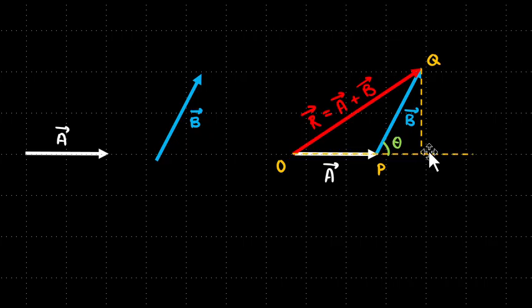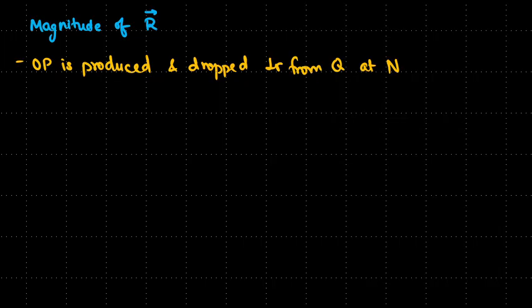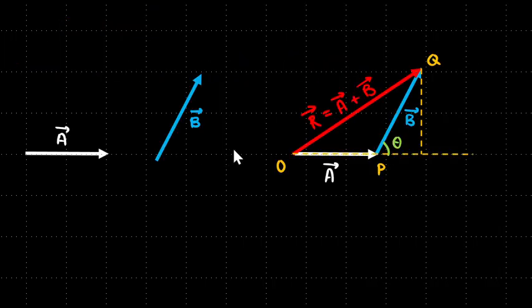So I drop the perpendicular from Q and the point at which it is dropped, let's take this color, this point is N. And this is a perpendicular, so this angle between these two dotted lines is actually 90 degrees.